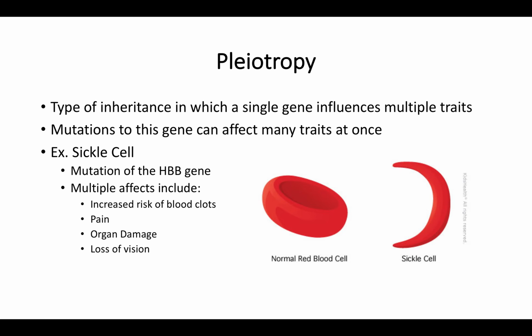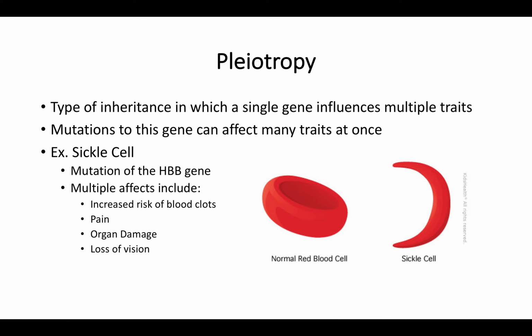The opposite of a polygenic trait is pleiotropy. This is a type of inheritance in which one gene influences multiple traits. So just one gene, but it has a huge effect because it affects many different traits. If there's a mutation in this gene, that's really bad because that one mutation can affect many traits at once. An example of this is sickle cell disease. In this case, there's a mutation on the HBB gene.